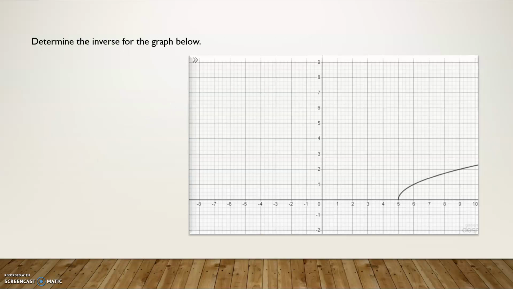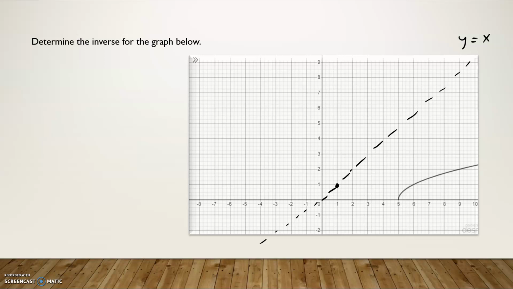Okay, now this one, we're trying to determine the inverse for the graph below. Now I need my y equals x, and it goes through the origin, and you can graph this because whatever y is, x will always also be.